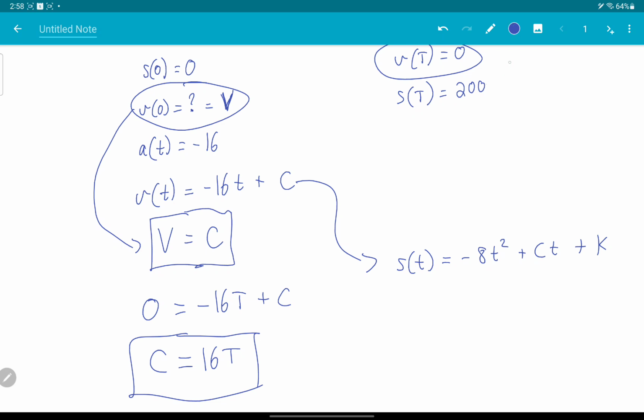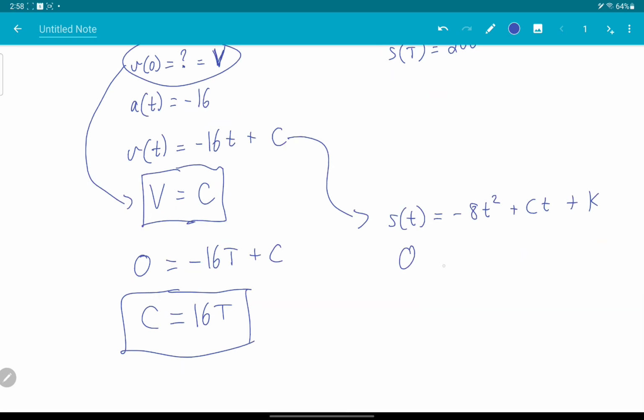Now I have two pieces of information about displacement. Initially it's 0, so when small t is 0, my displacement is 0 plus k. So thankfully, k is 0. That's good because I don't want more variables.